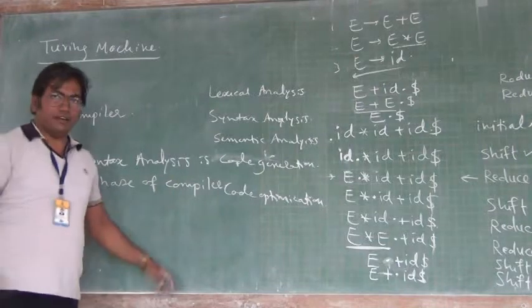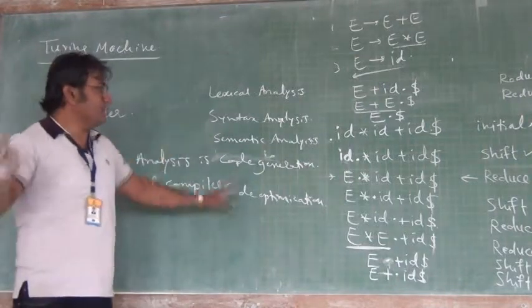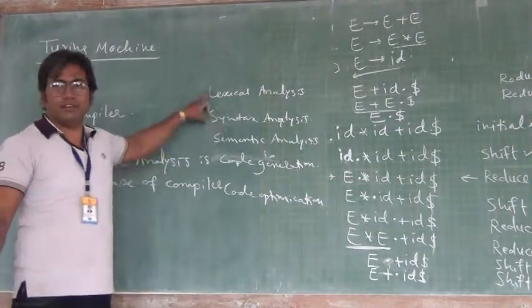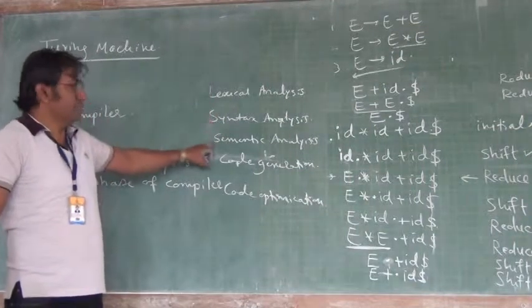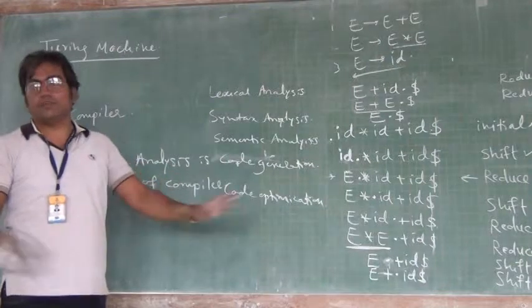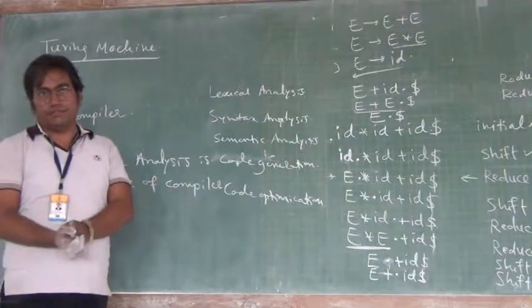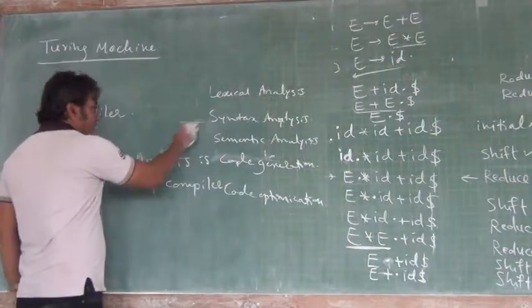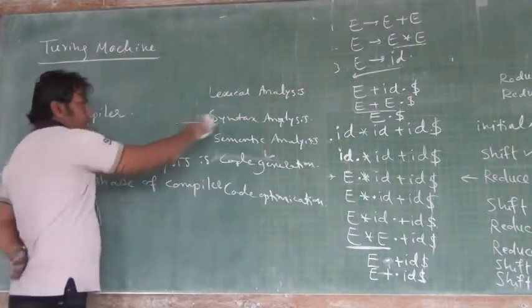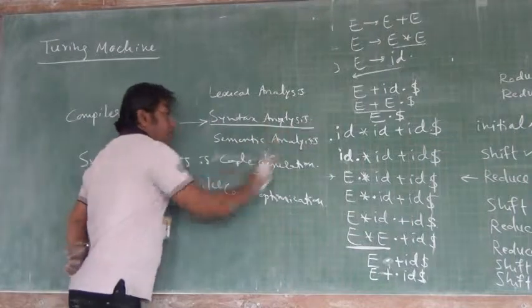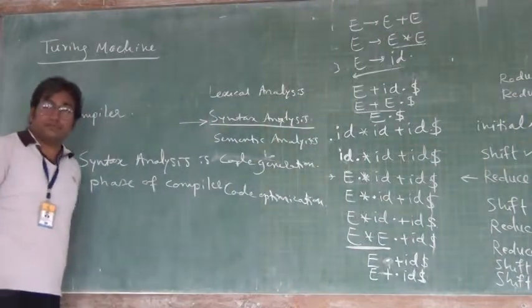Under this course, you have 5 chapters. The first chapter is lexical analysis. The second chapter is syntax analysis, then semantic analysis, code generation and code optimization. And your PDA can be used to build a syntax analyzer.